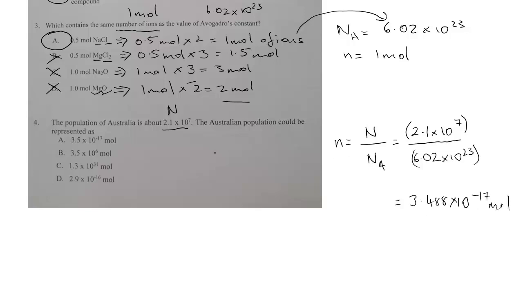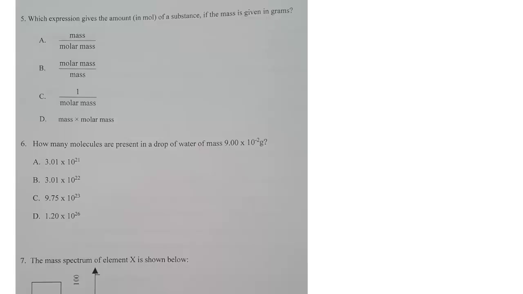Okay, so it means that the answer here will be A. Okay, so that's how many mole of people the Australian population has. So that's just getting you to understand what mole really represents. That it actually represents a huge quantity, but you don't see it because it's compressed. Okay, so let's have a look at the next page.